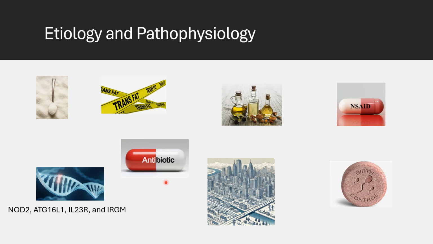Other factors they think it would be antibiotics, NSAIDs, non-steroid anti-inflammatory drugs, as well as birth control, the oral contraceptive, also having an effect and increasing the risk in some groups of people.